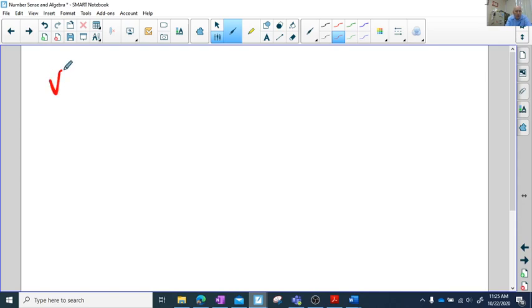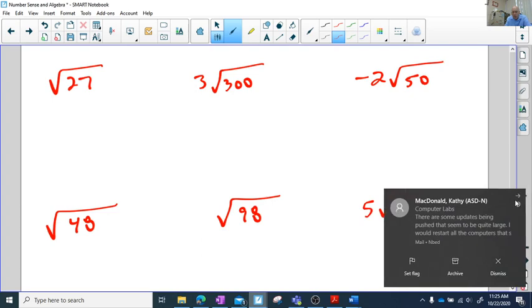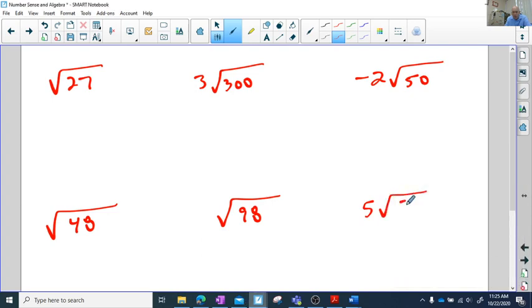So let's go square root 27, 3 square root 300, negative 2 square root 50, square root of 48, square root of 98 maybe, and then 5 radical 24.